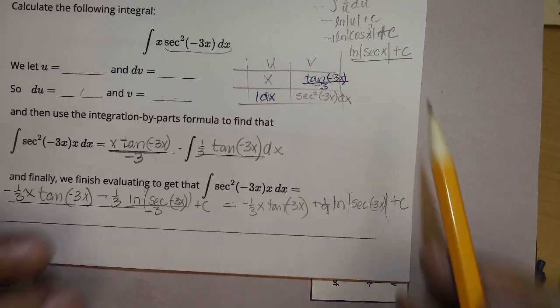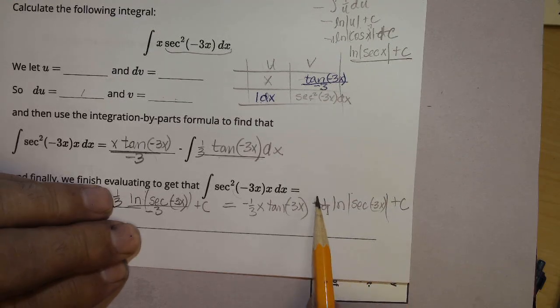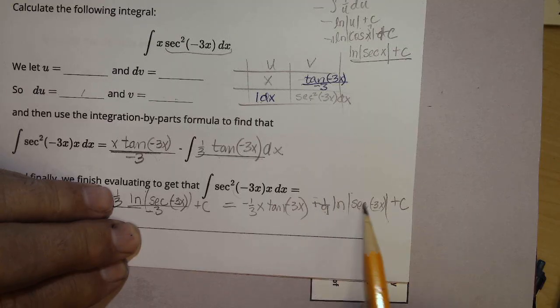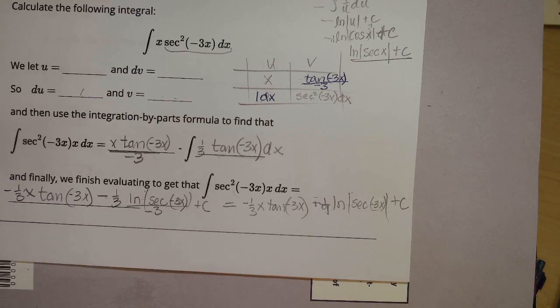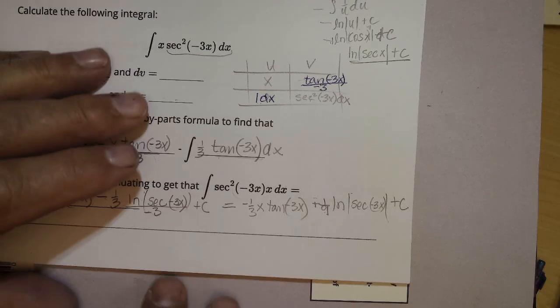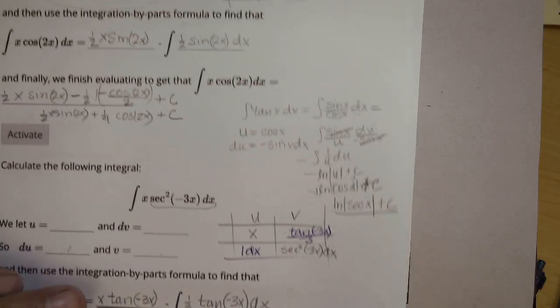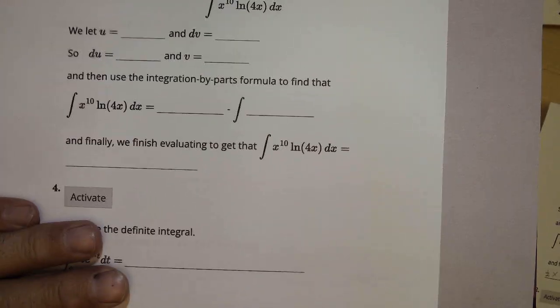Now, if you didn't do this last step, this could be minus 1/9 ln of cosine of negative 3x. Either answer should work if you type it in on this program. Okay.